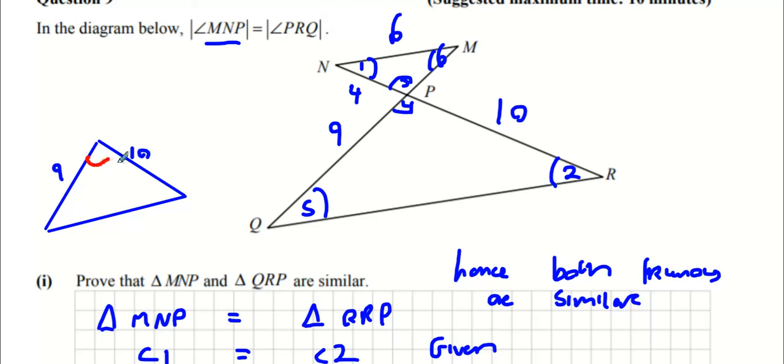This is going to be your red angle, your green angle, and your blue angle. Then we're going to put the small triangle on top.